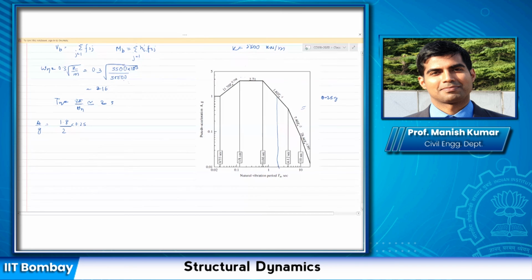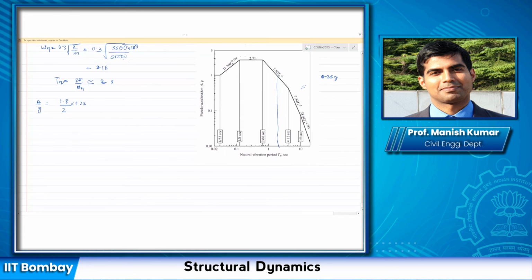My acceleration becomes 1.8 divided by 2 times 0.25 times 9.806. First let us write in terms of g, so this would give you the value of 0.226 times g.